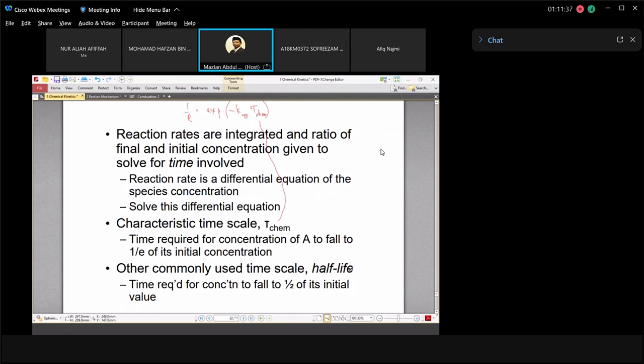Okay, let's take a look at the next chapter, which is chapter 5, some important chemical mechanism.